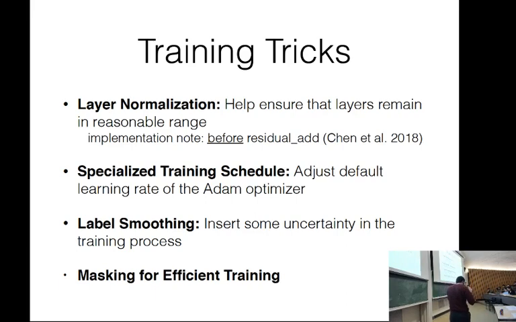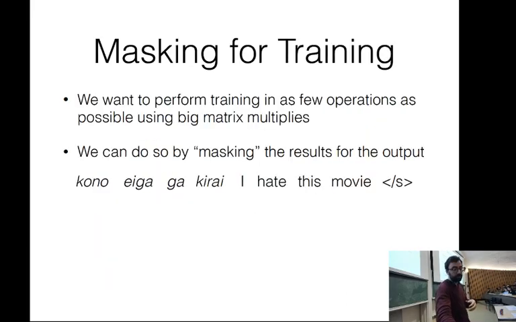Finally, because the original paper had 8 layers on the encoder, 8 layers on the decoder, and 8 attention heads, it had a lot of parameters. So they had to find a way to train the model efficiently. What they did is masking during the training process.